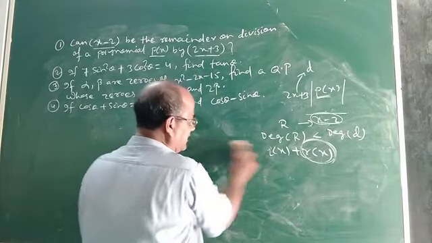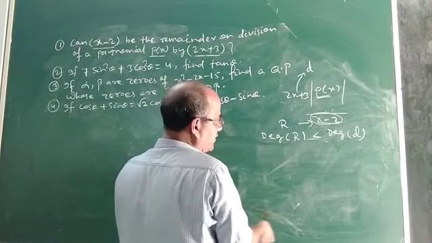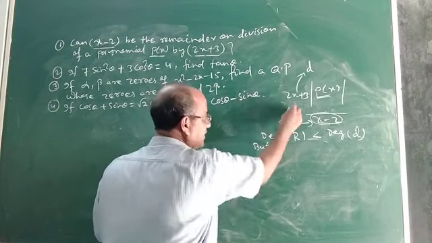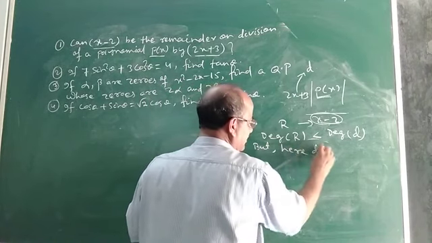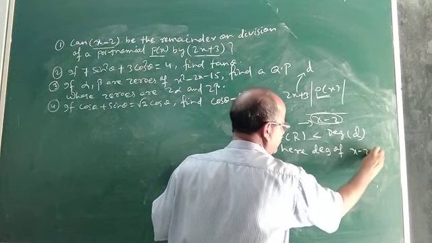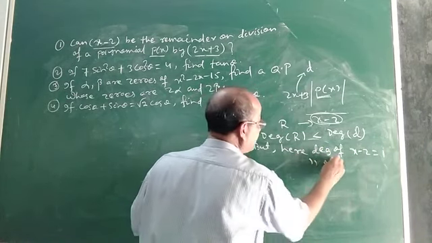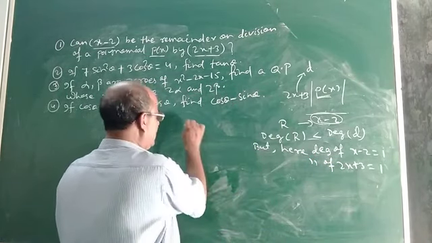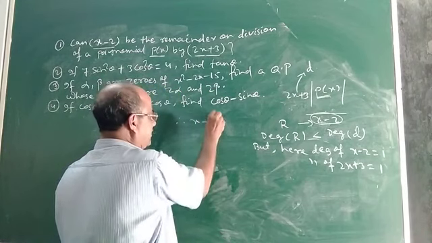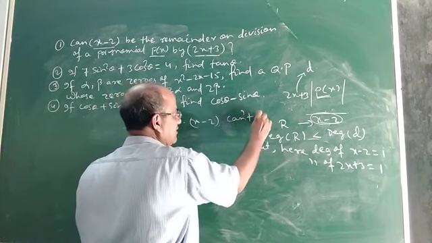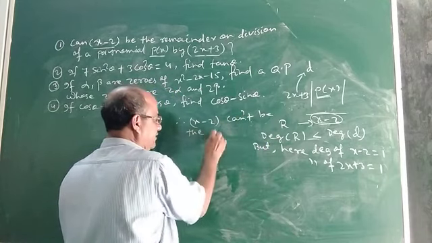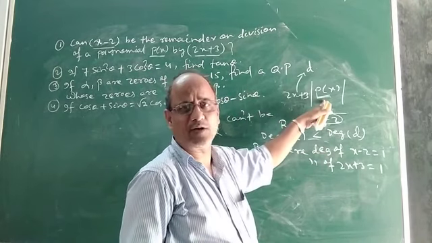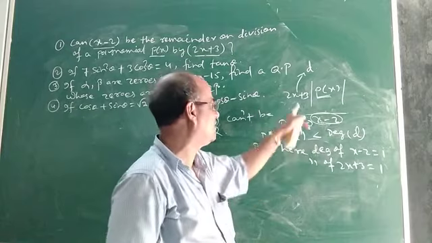So how to write? By the division algorithm we know that the degree of r is less than the degree of the divisor, but here the degree of x minus 2 equals 1 and the degree of 2x plus 3, which is the divisor, is also 1. That means they are equal. Therefore, x minus 2 cannot be the remainder on dividing a polynomial p of x by another linear polynomial 2x plus 3.